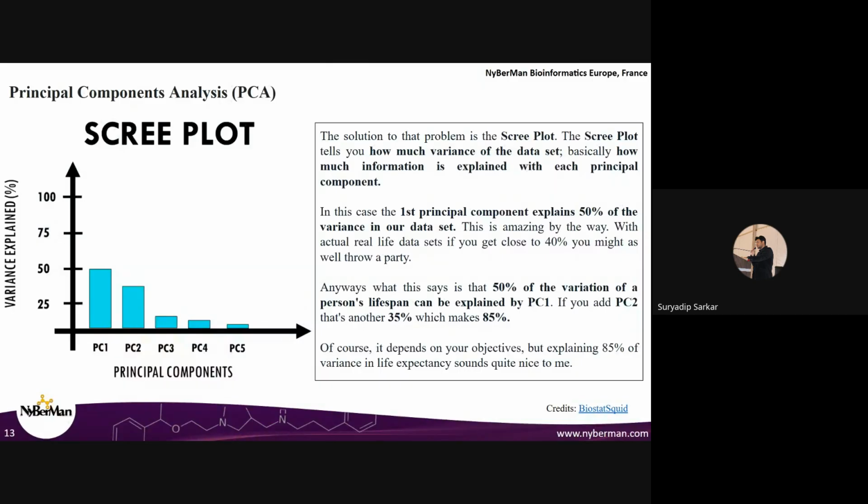Why? Because life expectancy is such a high variance data anyway. Even though it has so much variance, my principal components are able to capture 85% of that variance. That is good enough for me to do some sort of prediction.